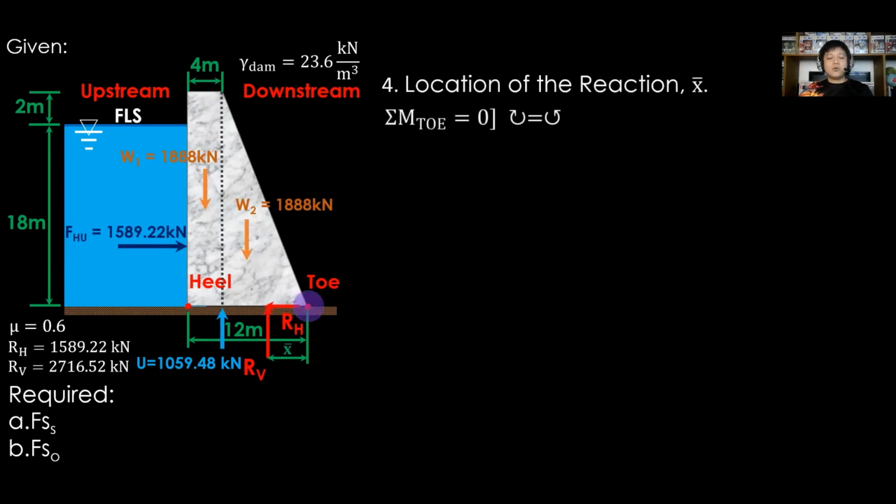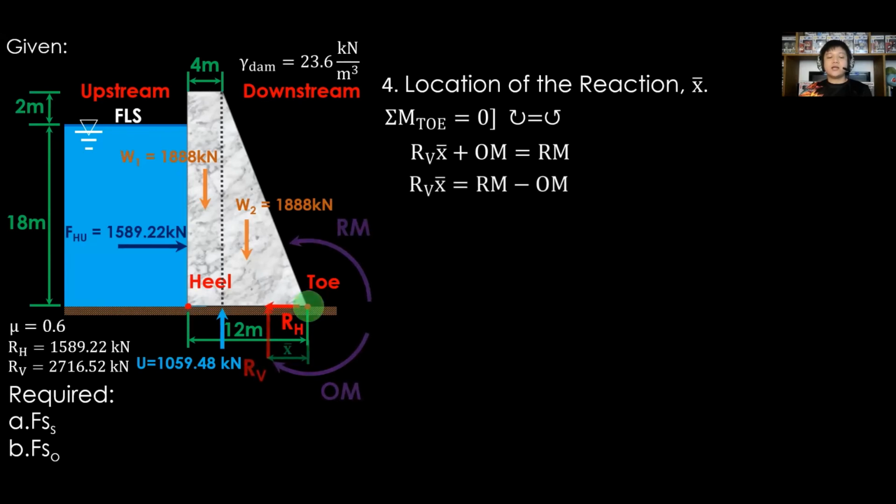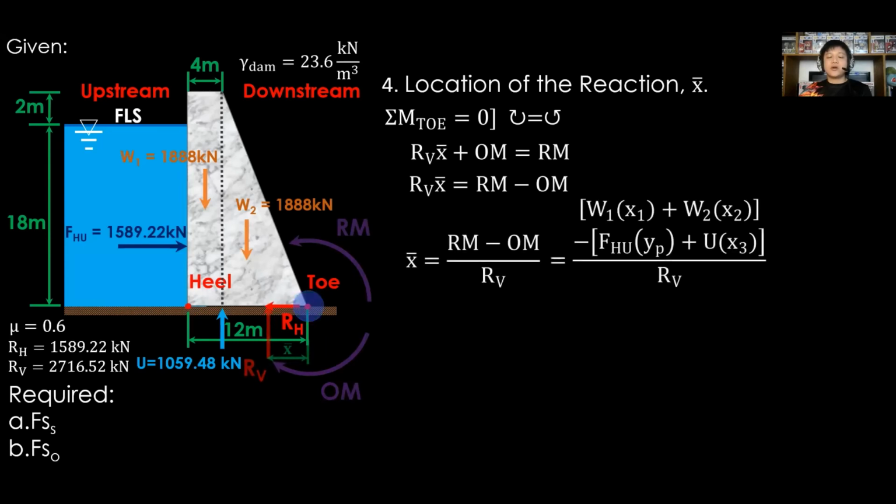Apply summation of moments at the critical point, the toe of the dam, clockwise equal to counterclockwise moments. RV times X bar plus OM for counterclockwise moments, then RM for clockwise moment. Transpose OM to the right side and cross-multiply RV, then substitute for RM.